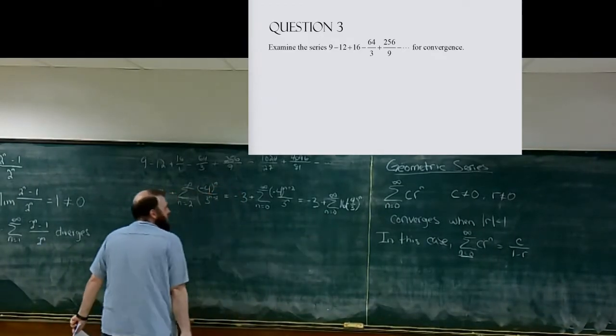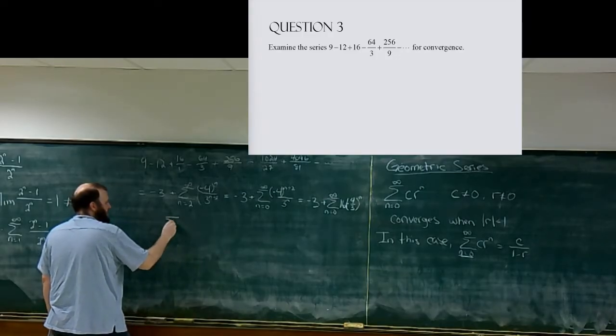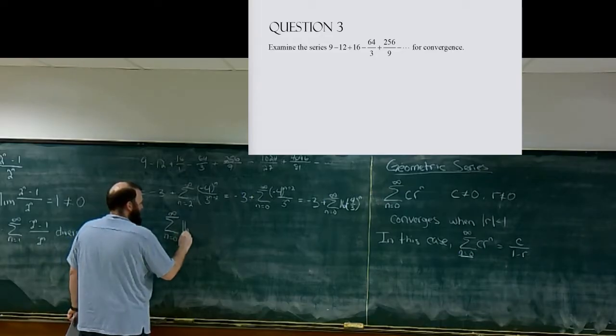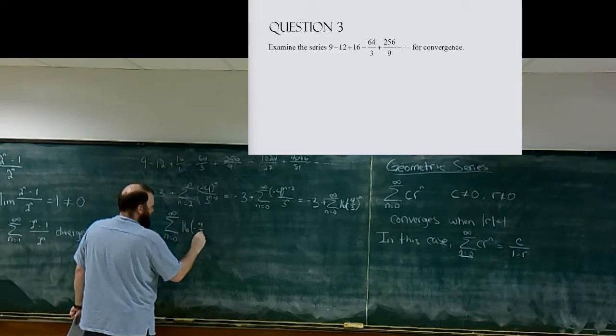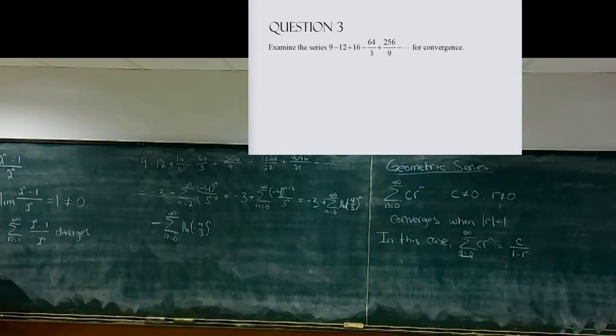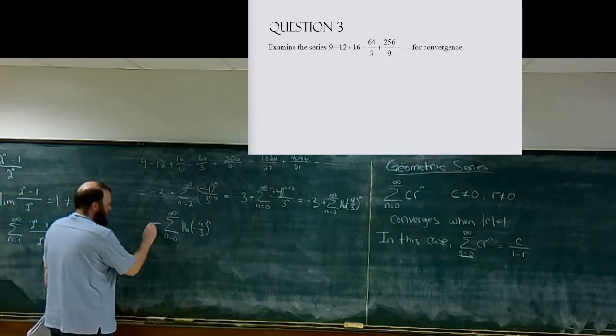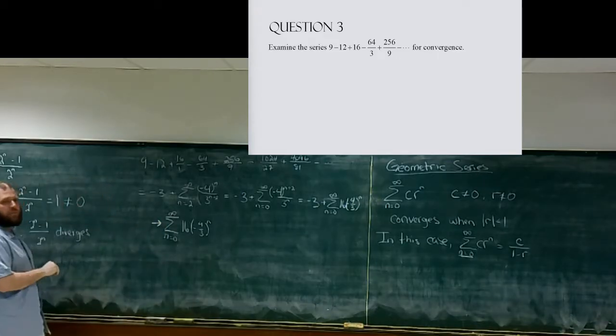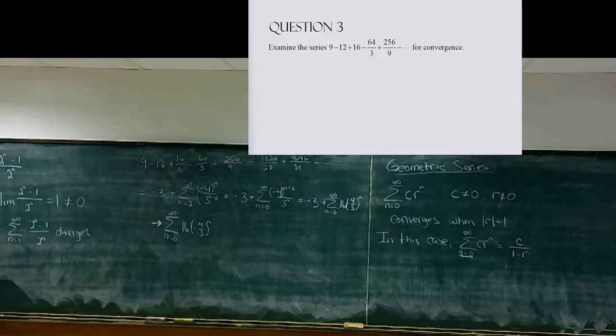Does this series diverge? So we look at this. That's the one we're looking at. Let's do an arrow to signify I'm not doing a negative in front.